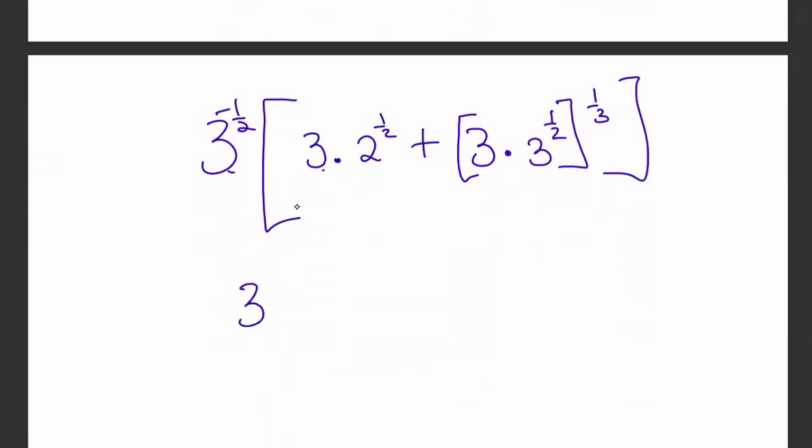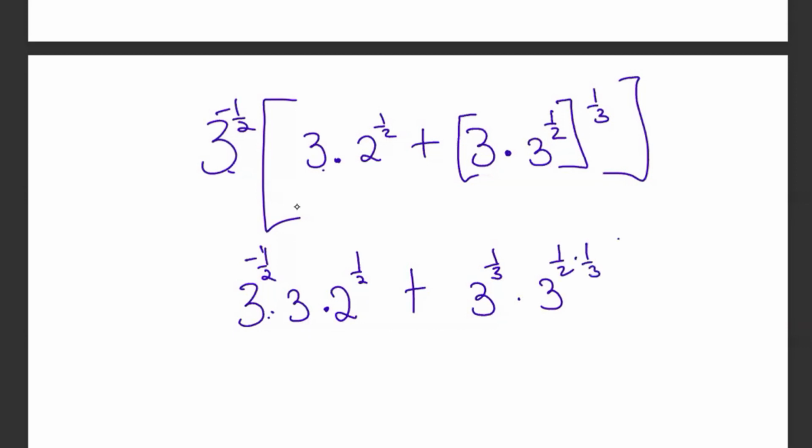It's going to be 3 to the negative half multiplied by 3 to the half, and then 2, plus 3 to the third, and then 3 to the 1 over 2 times 1 over 3. We also have to multiply 3 to the negative half there, because it must affect this and also that side.